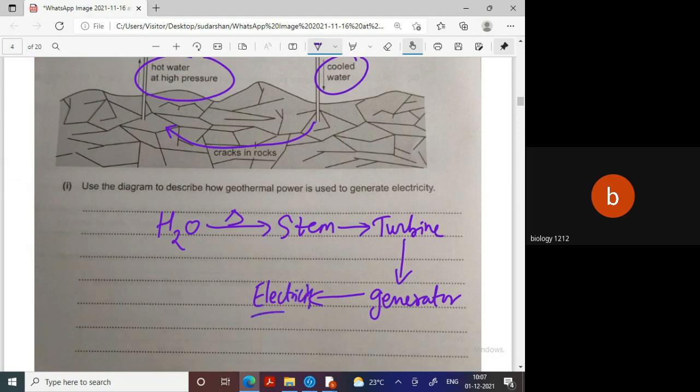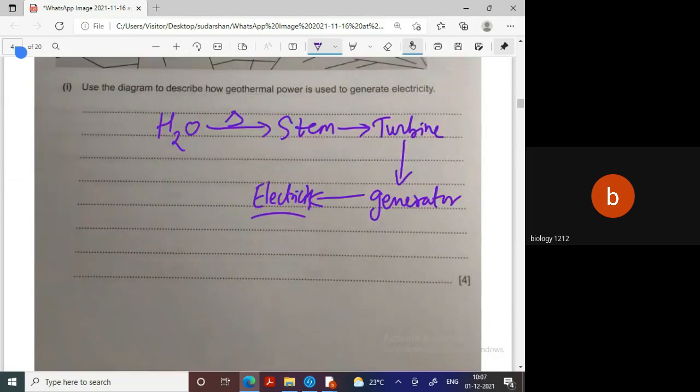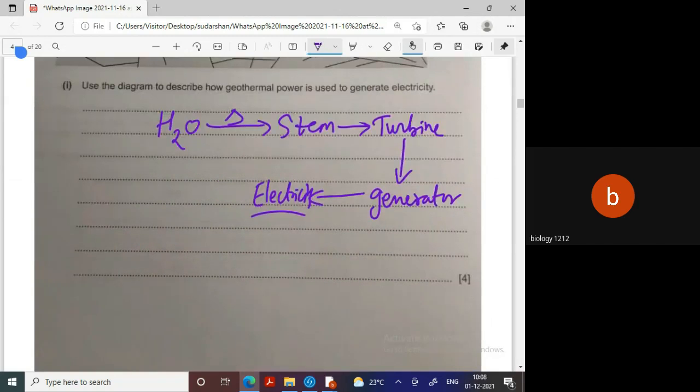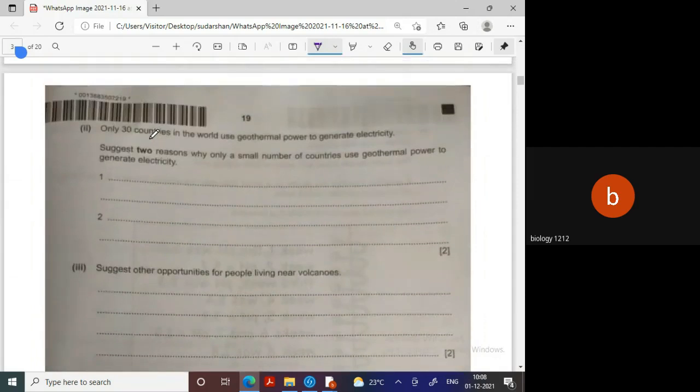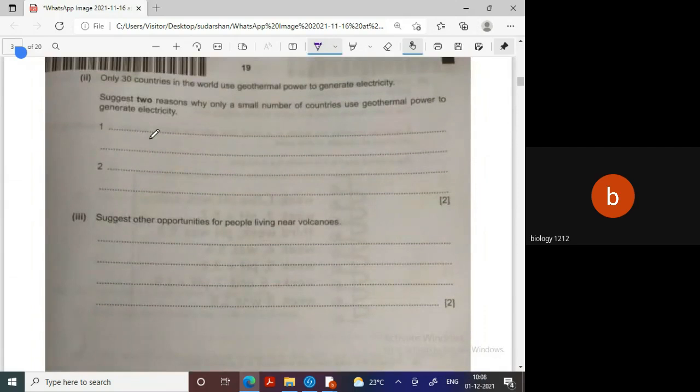This is how electricity is produced, and then it is transmitted to the nearby areas. So water, steam, turbine, generator, and electricity. Use the diagram to explain this. It's very easy to make and get 4 marks. Paper 2 is very easy if you read the passages properly and try to understand what the examiner wants to ask you. Stick to the content only.